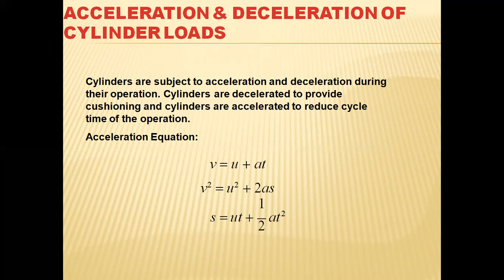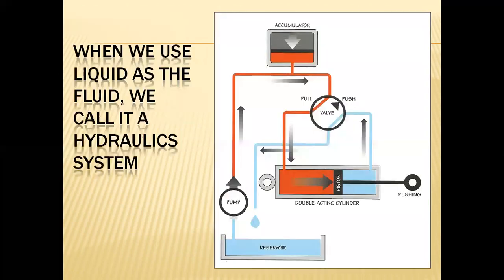Nominally the initial velocity is given, the acceleration will be found out, and based upon the time factor the velocity will be found out, that is v equals u plus at, and simultaneously v squared minus u squared equals 2as, and s equals ut plus half at squared. So these are the nominal calculations.